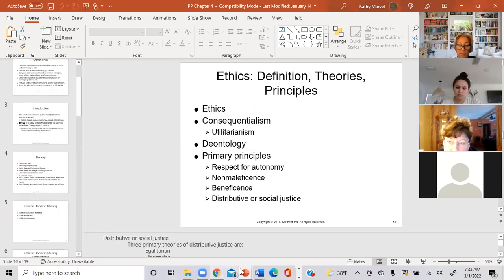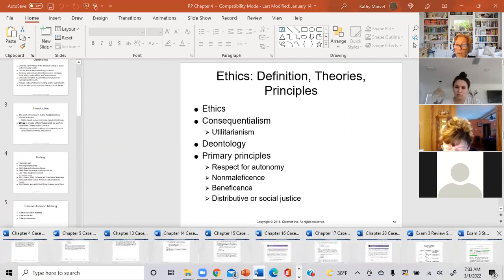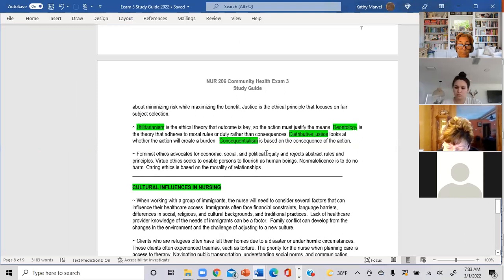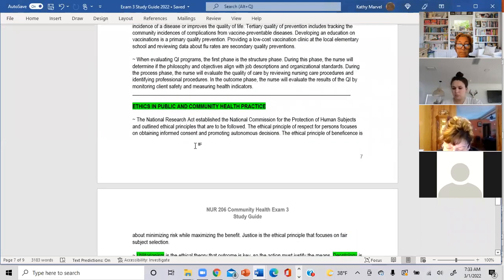Oh, I know where I can find it. We'll find it right in the study guide. Let's see. Right here. Okay. So the National Research Act established the National Commission for the Protection of Human Subjects, as outlined in our ethical principles that are to be followed.